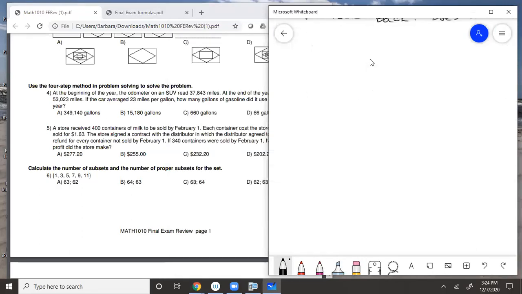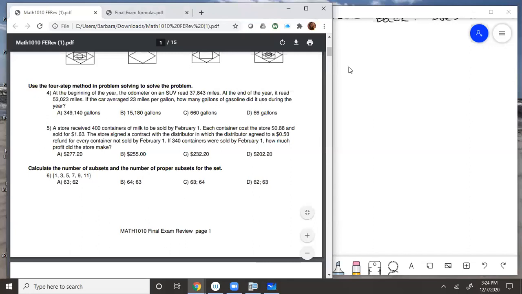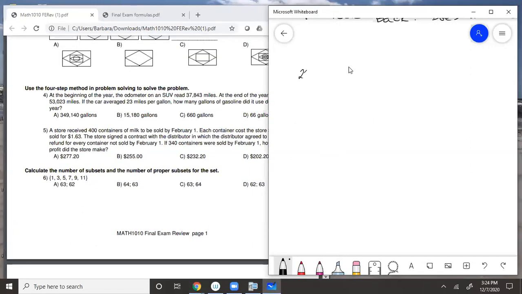All right, so what are some of the facts in this problem? It's 23 miles per gallon. The odometer miles, 37,843 and 53,023. So this is at the beginning of the year, right?